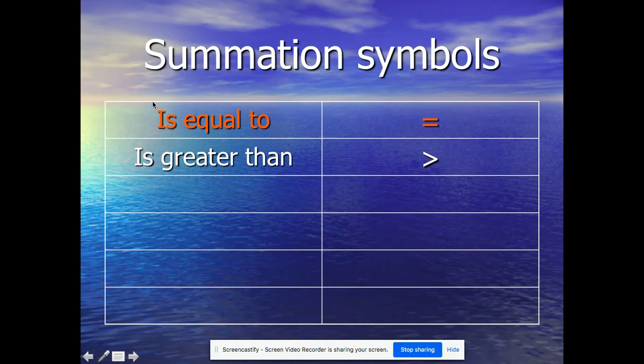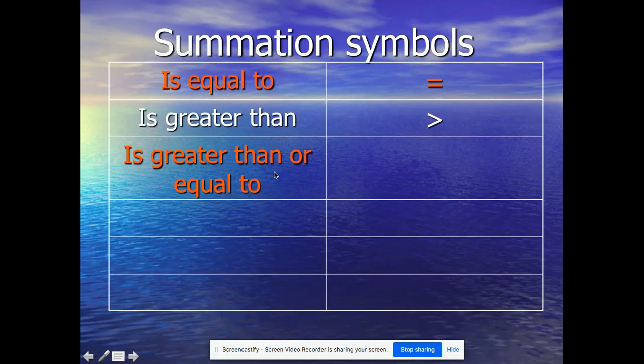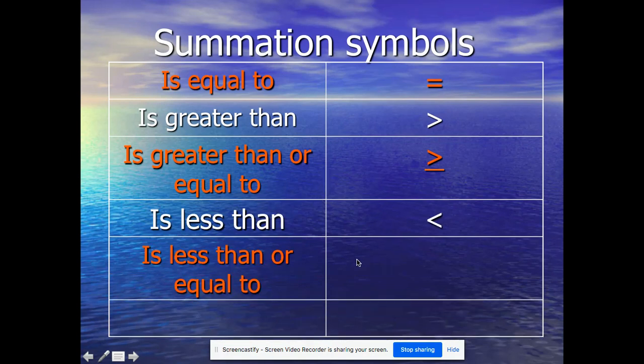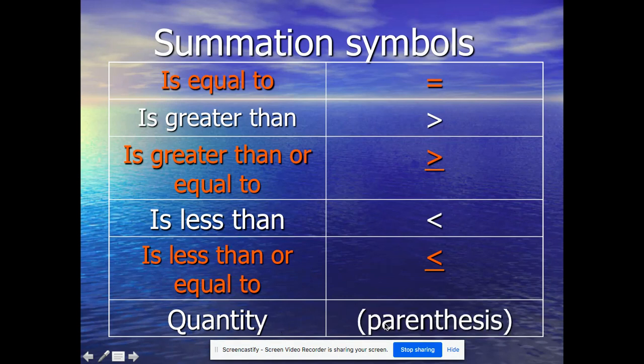Whenever you see is, that means that we're dealing with equals or summation symbols, meaning equals, greater than, is equal to, is greater than or equal to, is less than, is less than or equal to, and then quantity. Whenever you see the quantity of something, that means you're going to put them in parentheses.